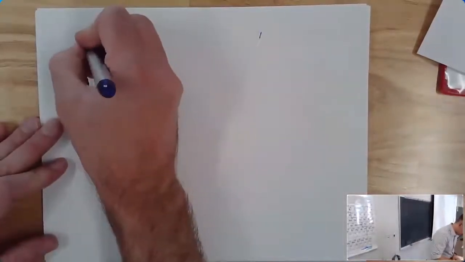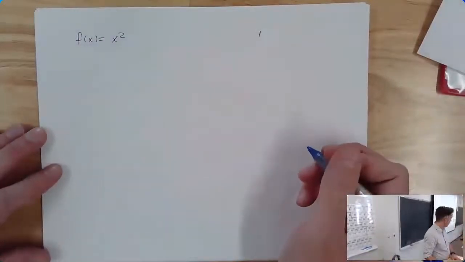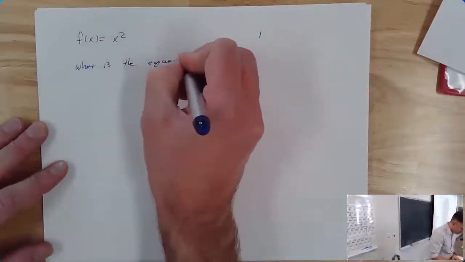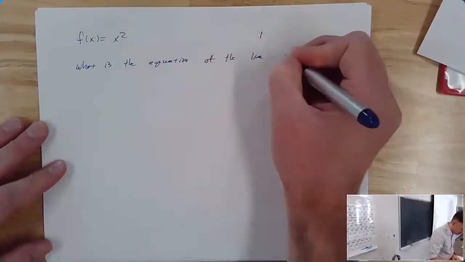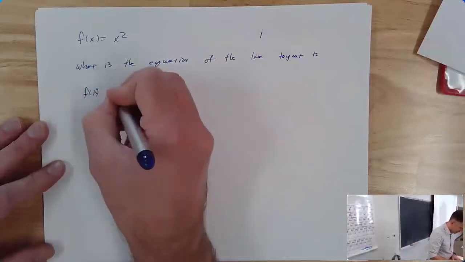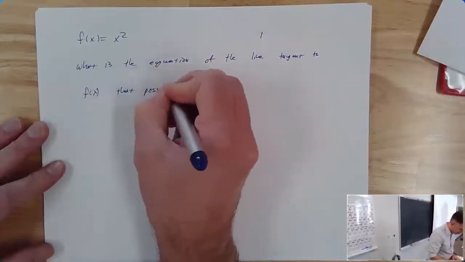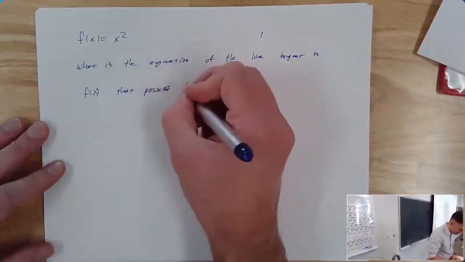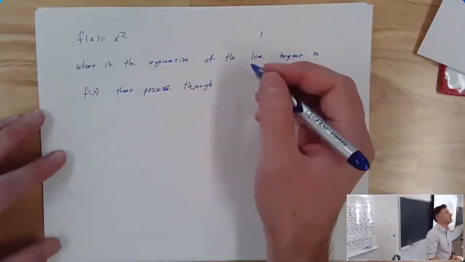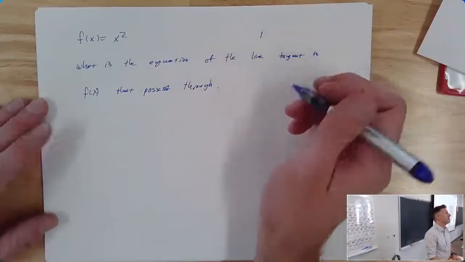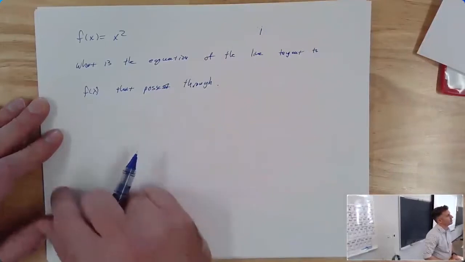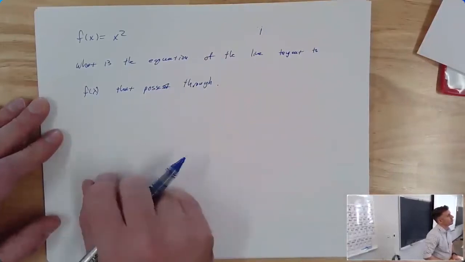Let's say we have the function f of x equal to x squared, and we want to know the equation of the line tangent to f of x that passes through the point, let's say, I'm going to make something up, 3, 5.